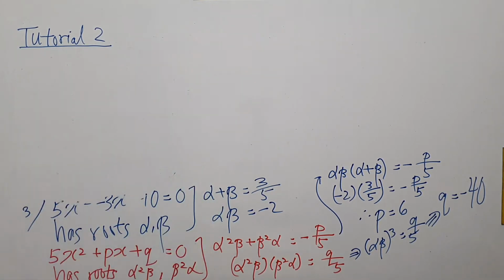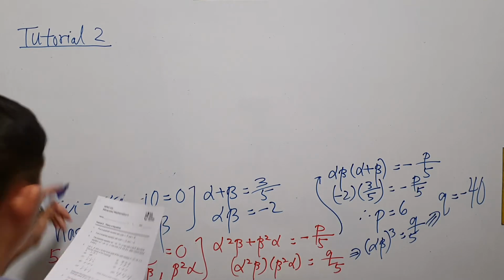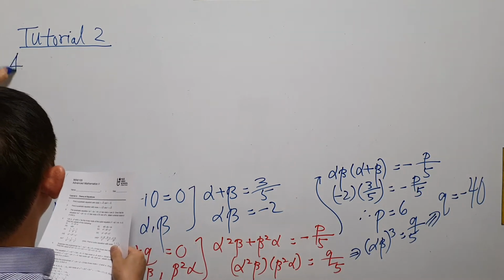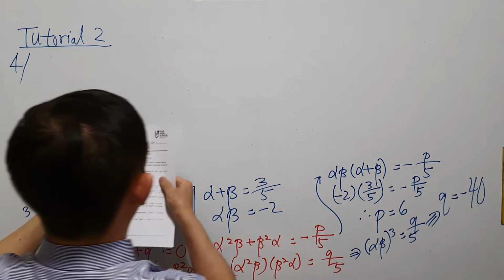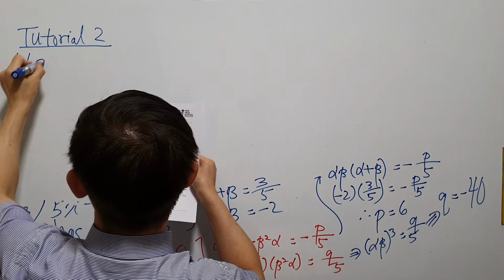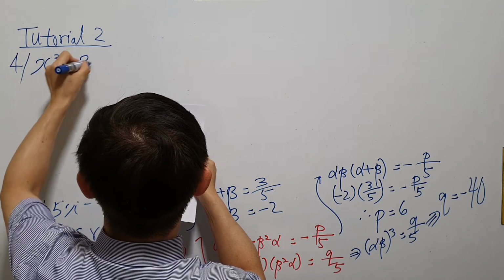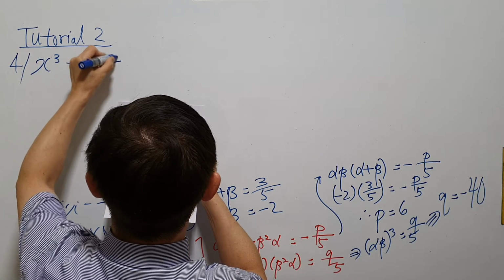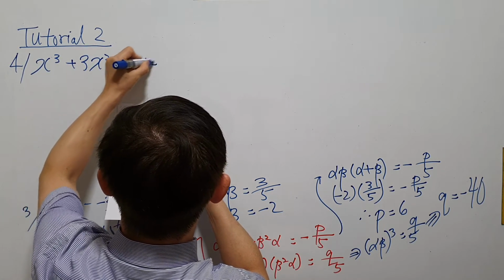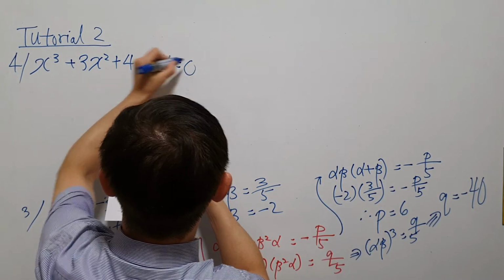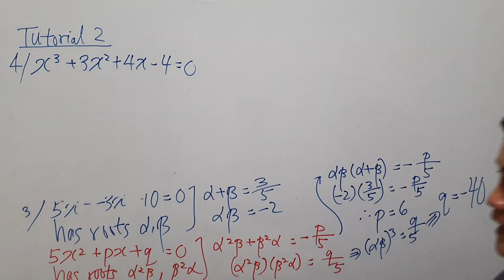In question 4, you are given this equation: x cubed plus 3x squared plus 4x minus 4. You are told that alpha, beta, gamma are the roots of this equation.